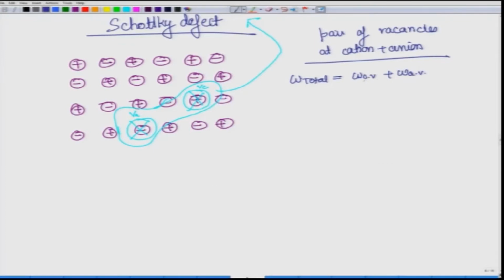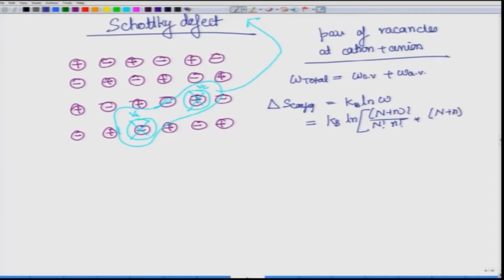So, these are subscript CV and this is subscript AV, and this would imply that delta S configuration is equal to KB ln W. So, the derivations are very similar, the only thing is what will be the exact values of W over here. Since both of them are vacancies, this is in fact a little bit simpler compared to Frenkel defect, and you will get... so like I said, you can either multiply it.